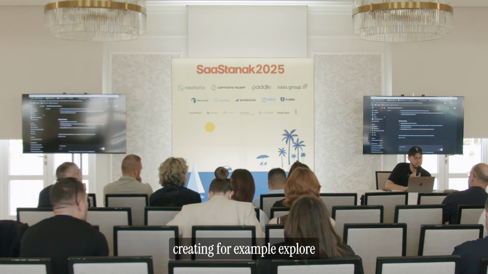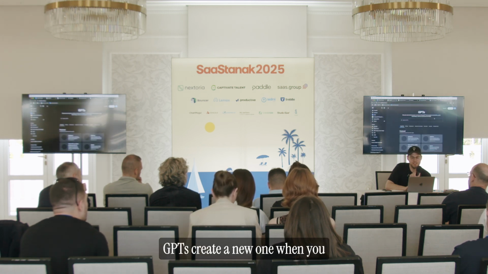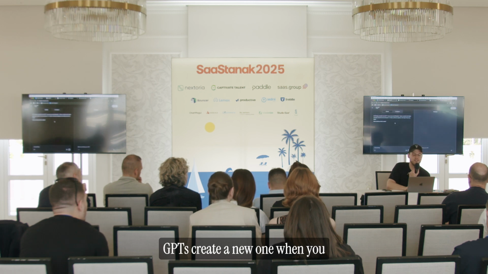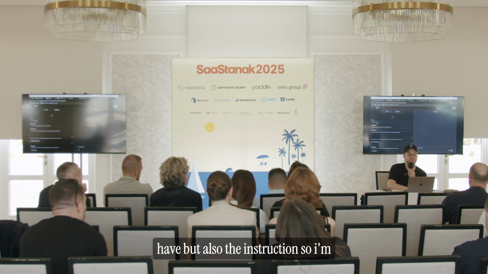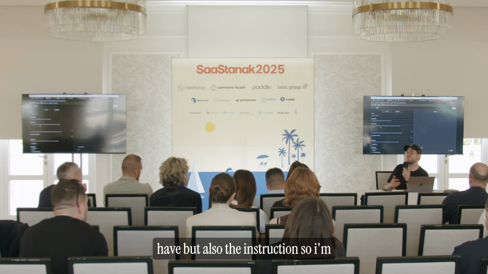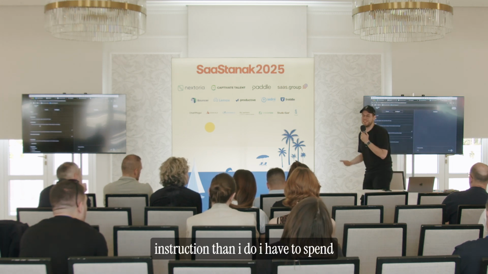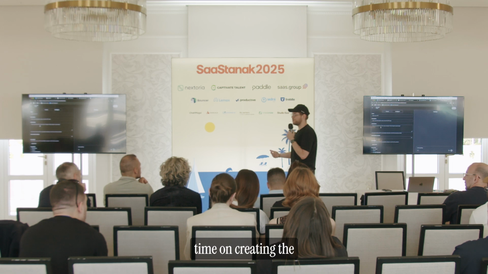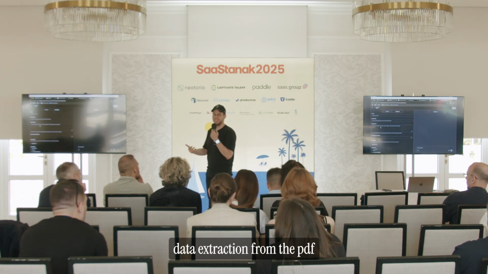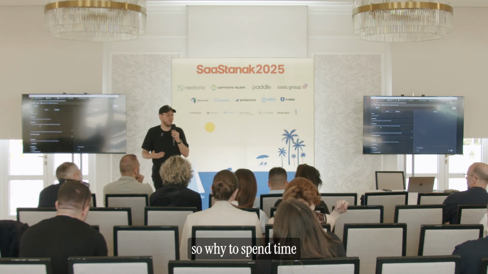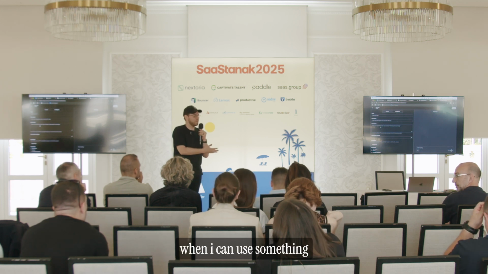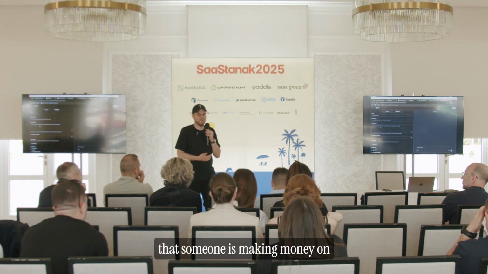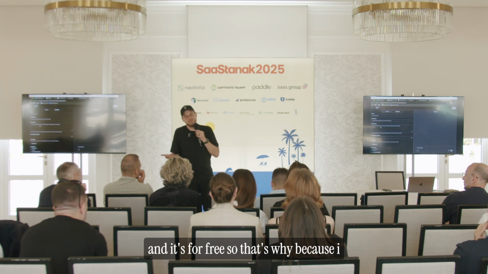When you're creating, for example, via Explore GPTs, create a new one, you are providing the name, but also the instructions. I'm using them because they have better instructions than I do. I would have to spend time creating the instructions for data extraction from the PDF. So why spend time on my own creating this when I can use something that someone is making money on and it's free? So that's why.